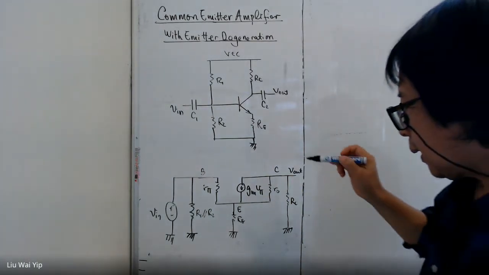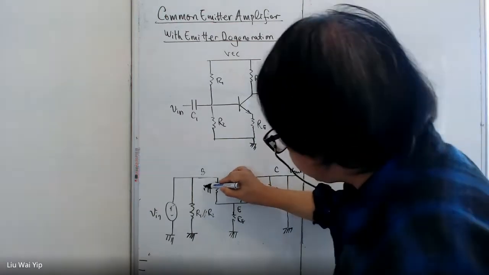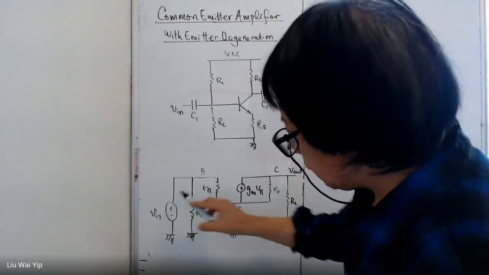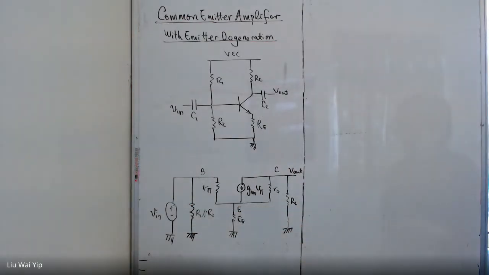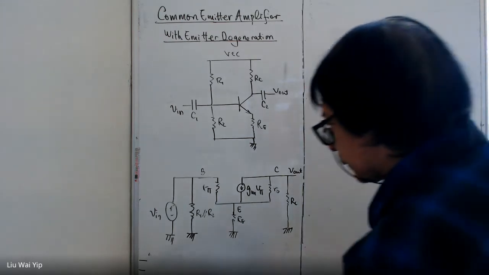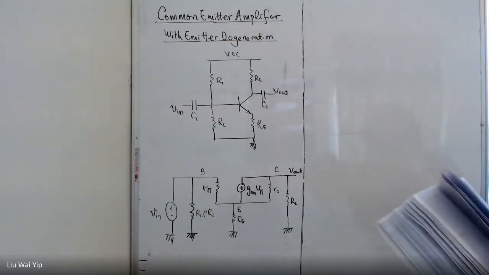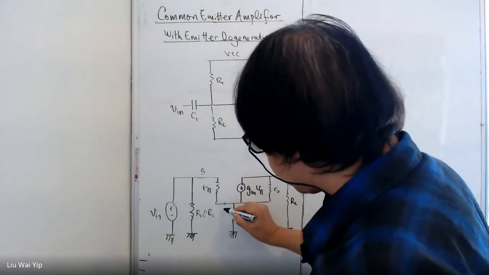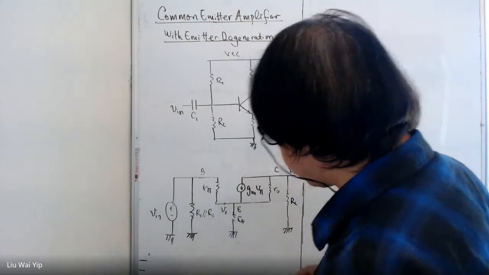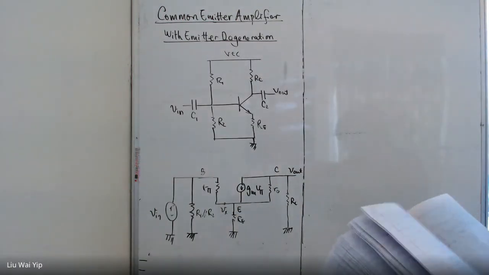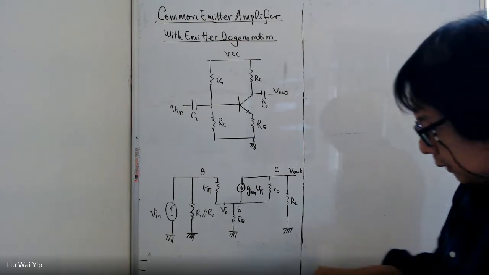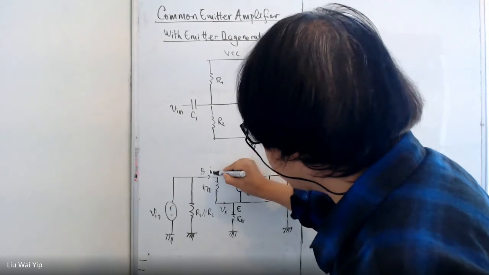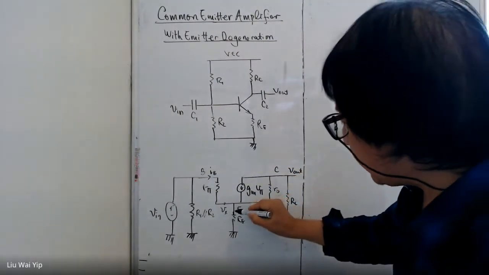And to solve this circuit, we have to be very careful, because V pi is not going to be Vin. So what should we do? My suggestion here is we temporarily name this node Vx, and the current IB is substantially smaller than IE.